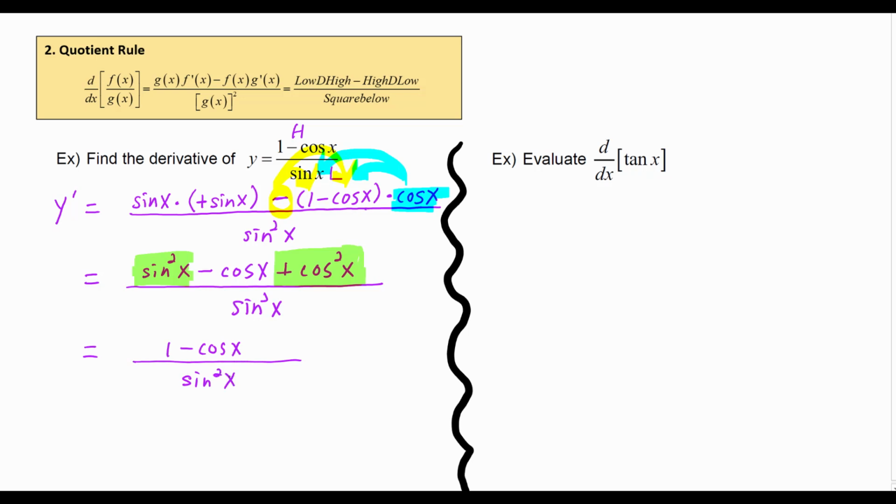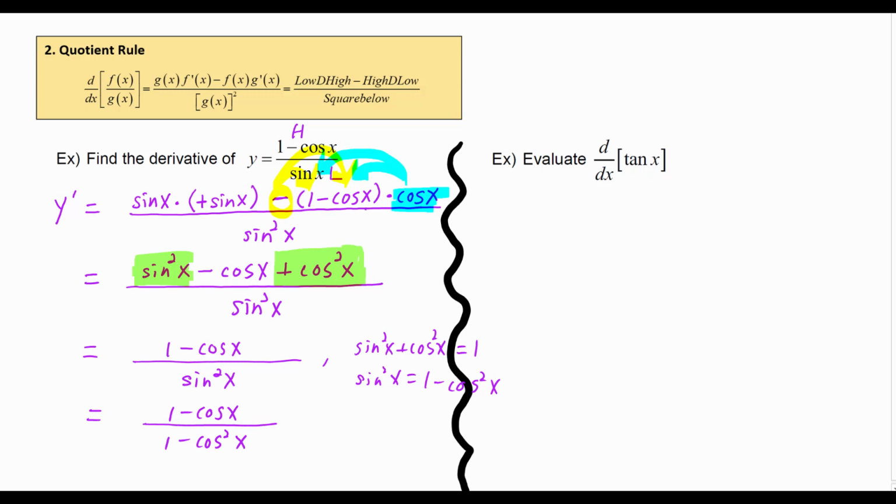Wait a minute. Sine squared x plus cosine squared x equals 1. We just said sine squared x plus cosine squared x equals 1. Then what is sine squared x always equal to? 1 minus cosine squared x, yeah? So I can change my denominator to 1 minus cosine squared x. Why would you want to do that?